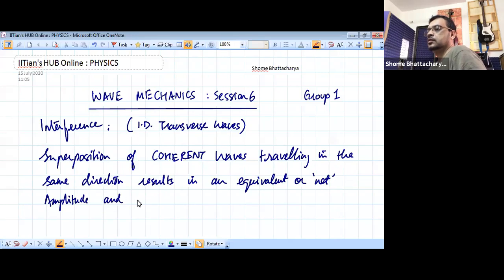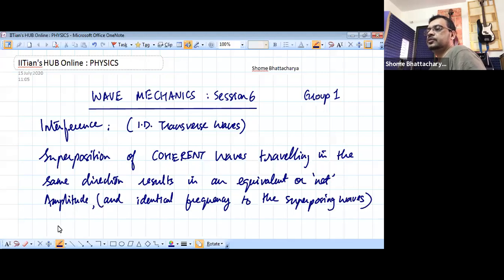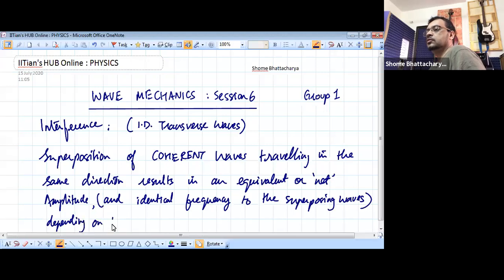And identical frequency superposing waves. So this net amplitude depends on the phase difference between the incident waves. This particular property is called interference.